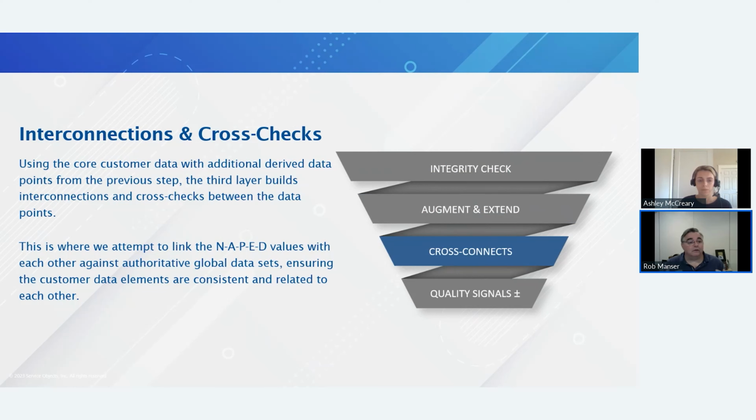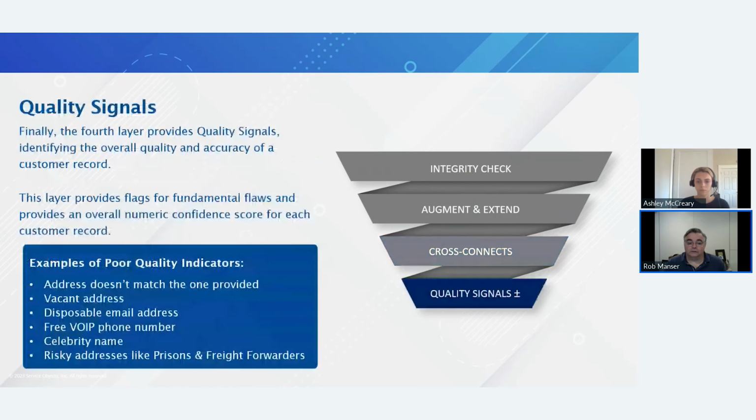By taking all of those data points, we're able to put them together and link them and derive values around whether or not they are who they say they are, and if it's consistent with what they have entered. And this brings us to the final piece, which is the quality signals. It basically identifies the overall quality and accuracy of the customer record.